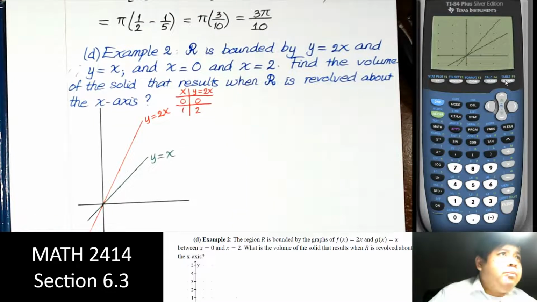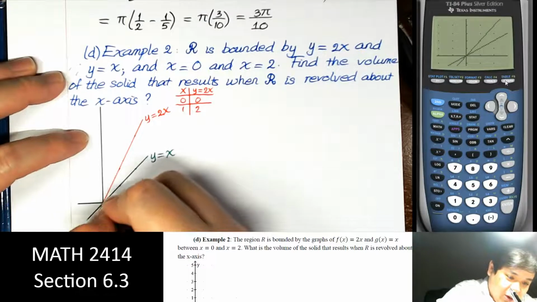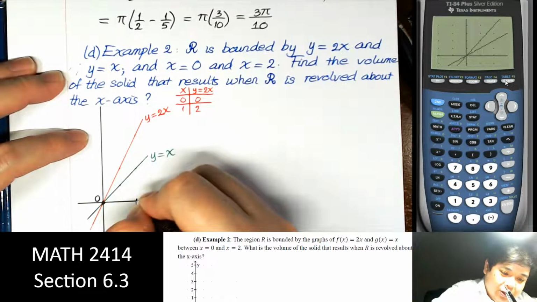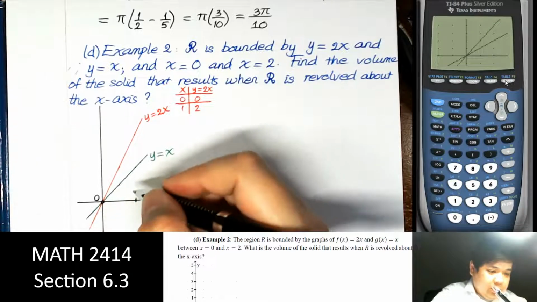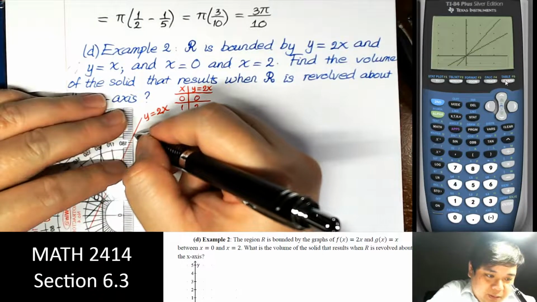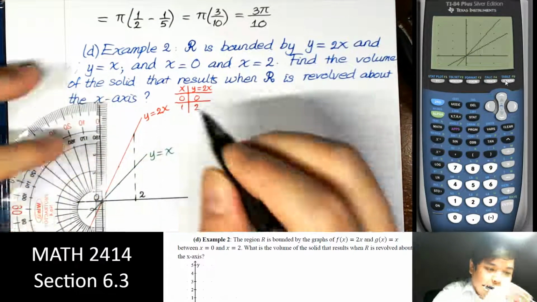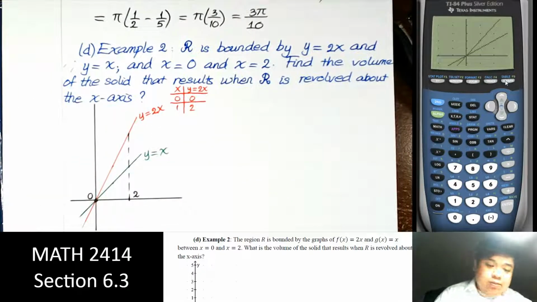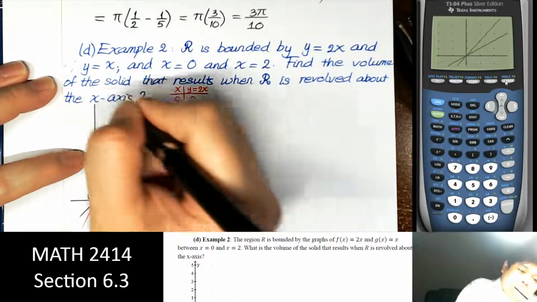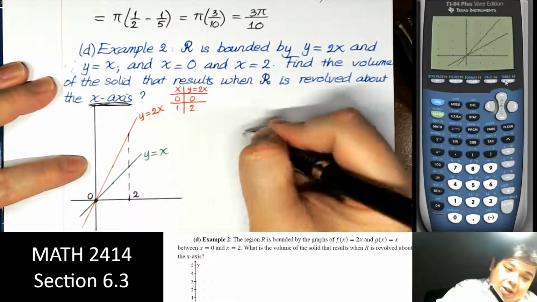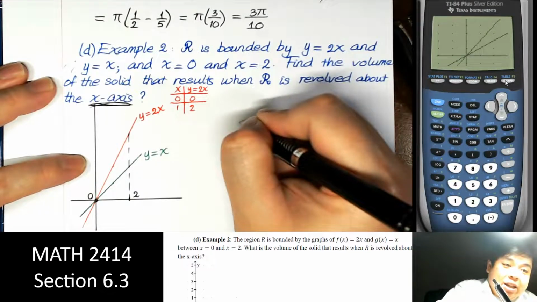So those two, from x equal to 0, meaning we go from here and to 2. And this one also is revolving about the x-axis, so this is going to be dx.